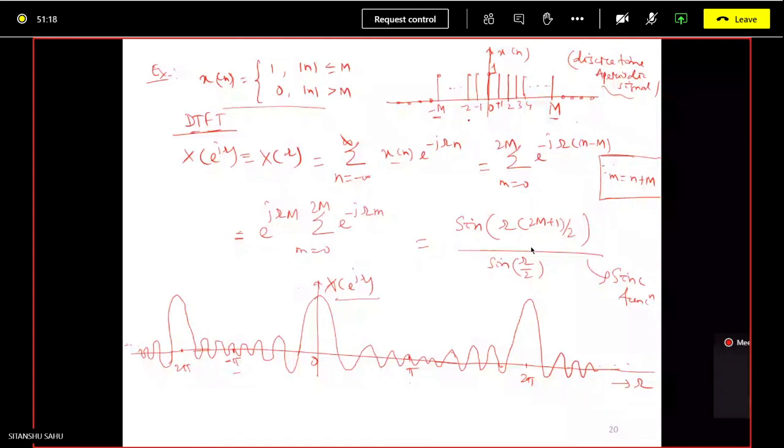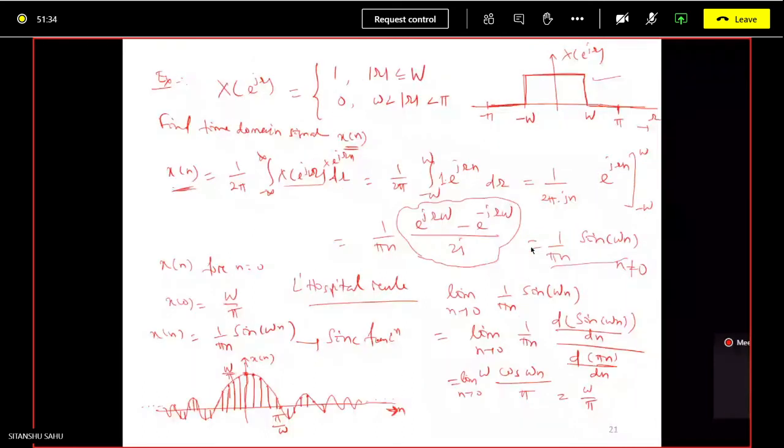So in the time domain you got the discrete time, aperiodic signal, and in the Fourier domain you got a sinc function. So when you have a sinc function in the time domain, its Fourier domain will be nothing but a square wave or the square function.